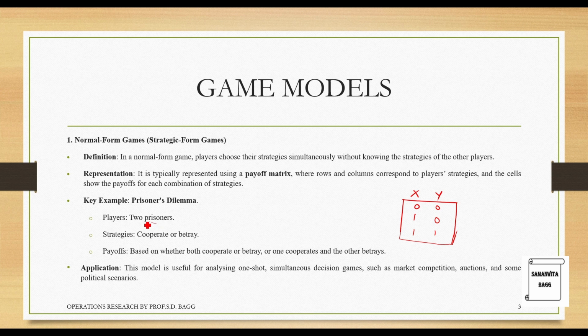So this is what happens when they either cooperate or they betray each other. There will be payoffs based on what they have decided to play. Application: this model is useful for analyzing one-shot simultaneous decision games such as market competition, auctions, and some political scenarios.